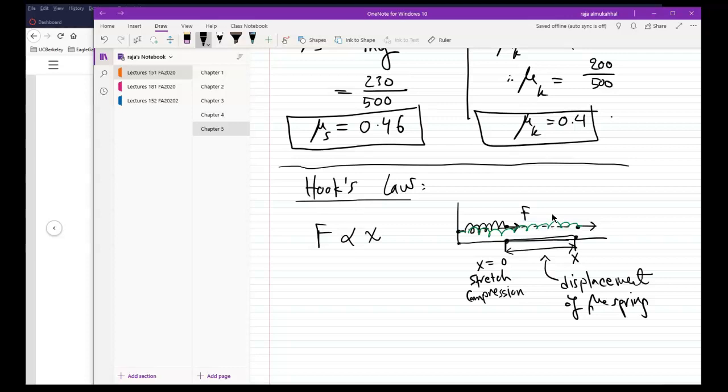So if F is proportional to the displacement, then F is equal to a constant multiplied by the displacement. We call this constant small letter k, so F is equal to kx.